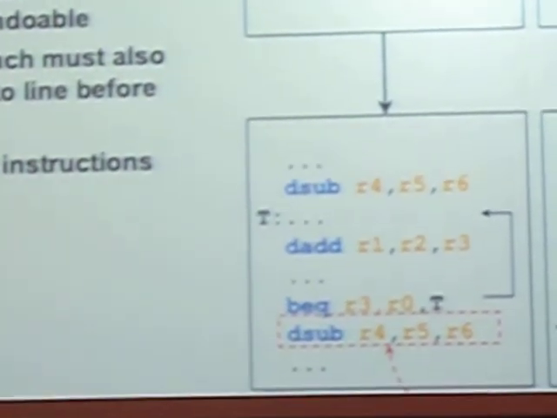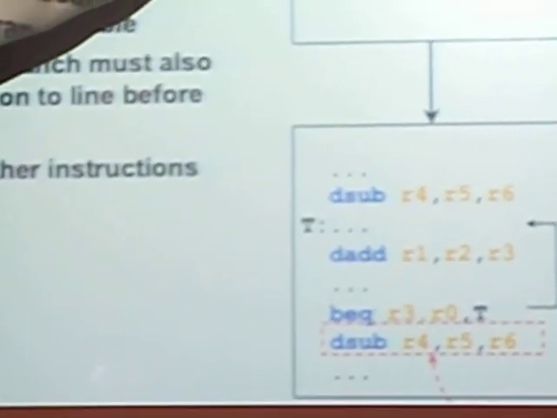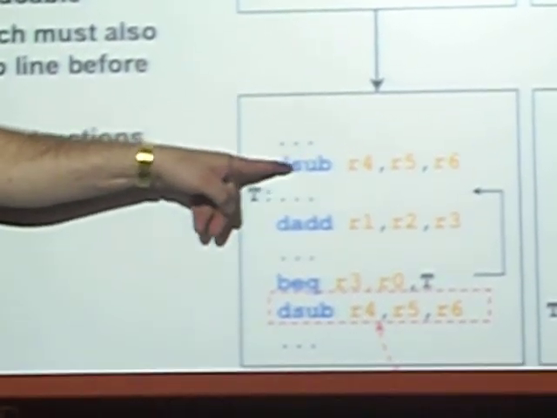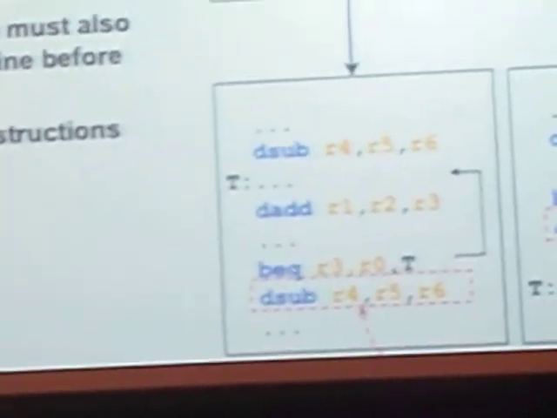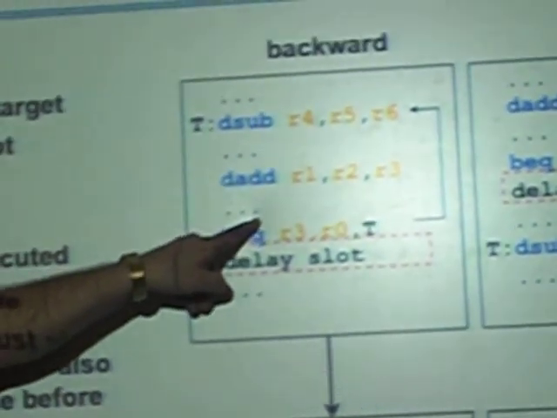Now, for a backward branch, we also have to copy the instruction, since this is no longer in the body of the loop. You have to put an additional copy of it there one more time. But Dr. Morris, wouldn't that mess up the value? No. Suppose I'm the first time through the loop at this point.